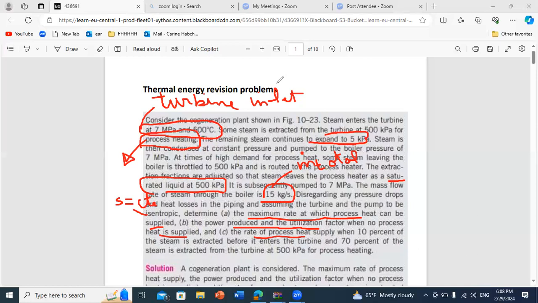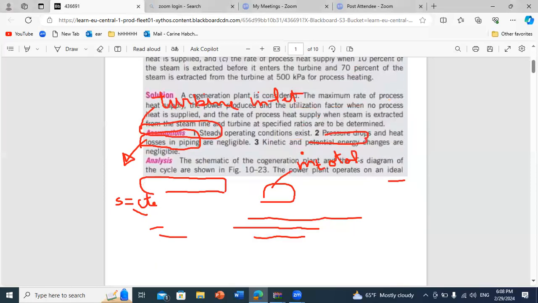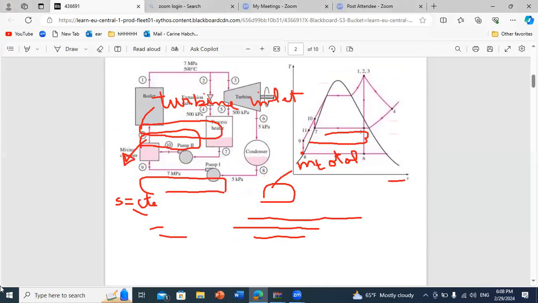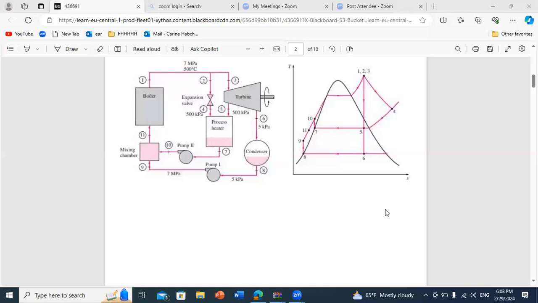So now let us see the figure and do the analysis of the figure to be able to answer the questions. In the exam, we give you this figure, and you should be able to draw the TS diagram, okay?